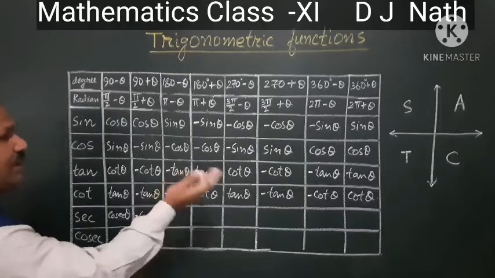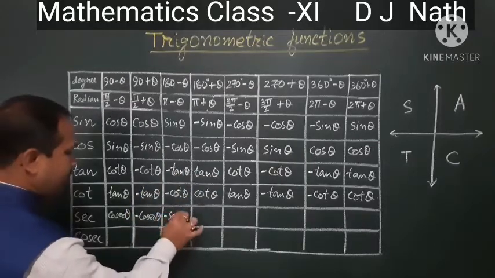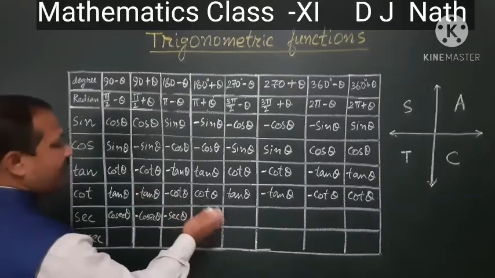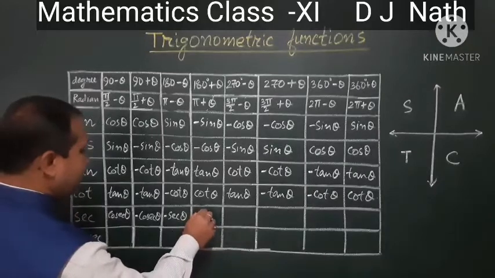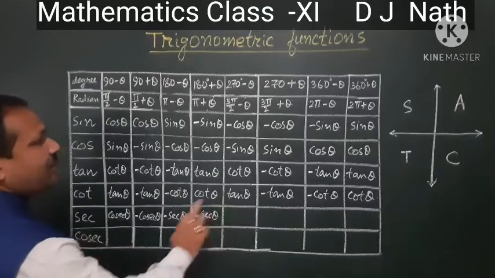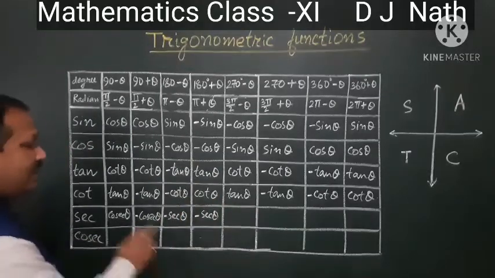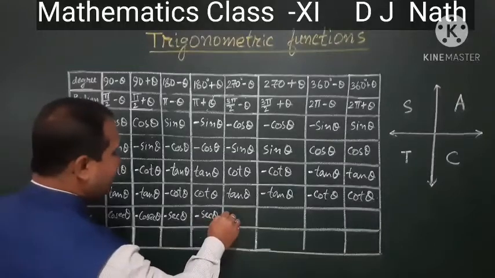This is 180 minus theta, so it is minus sec theta. 180 plus theta, again minus sec theta. 270 minus theta, third quadrant, sec is negative, so it will become minus cosec theta.